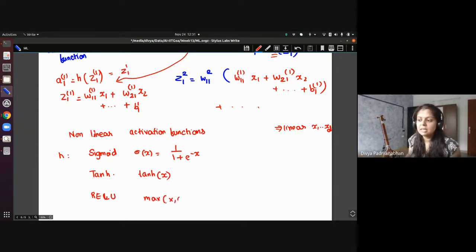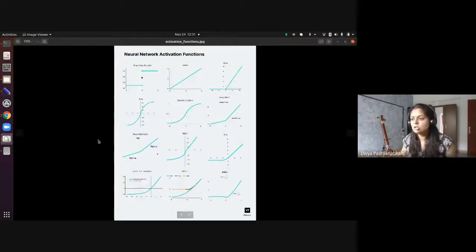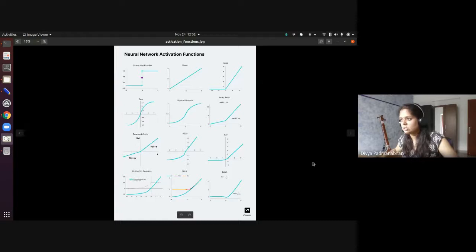It is something like this: you have x here, and for all the negative values, you're going to get 0. And the moment x becomes positive, you're going to get that value itself. So it has a shape like this. This is also one thing that people use. More generally, I don't know if you're able to see my screen, the various plots.